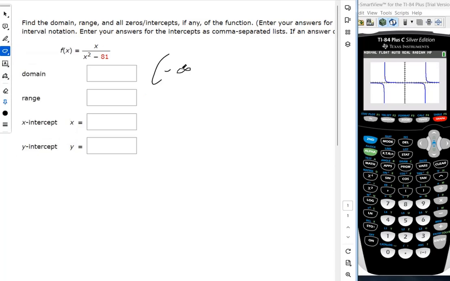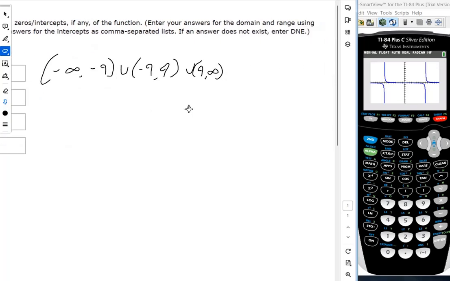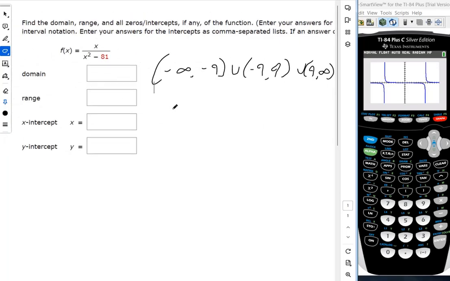So -infinity to -9, then I stop, and then I write union, because we take any number up till -9, and then we break, and then we get back on once we get past -9, and again to +9, and then a break, and then 9 to infinity. All these are possible x values. Yeah, they want interval notation, so that's what we do.